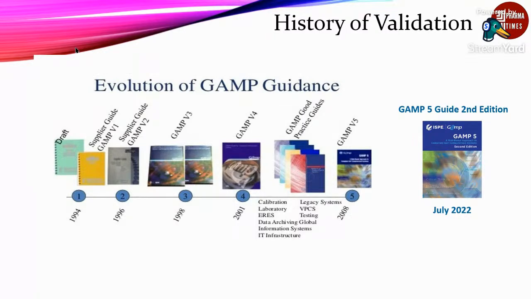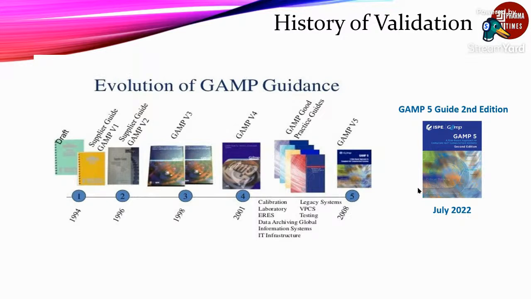So many articles were published for validation, which were combined in GAMP 5, published in February 2008, and the GAMP 5 guideline second edition, published in July 2022. So currently we are using this second edition of GAMP 5. Up to this, the history of GAMP 5 and how it fits in validation in the pharma industry.